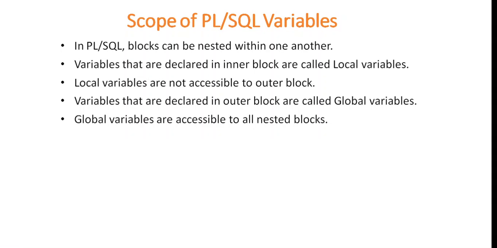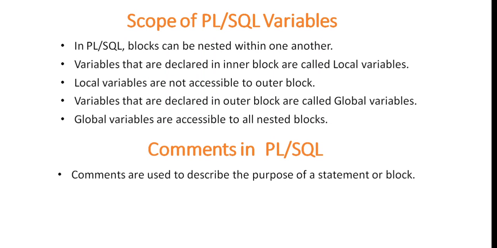The variables which are declared in an inner block in nesting are called local variables, and they are not accessible to outer blocks. And the variables which are declared in the outer block are called global variables, and they are accessible to all the blocks.